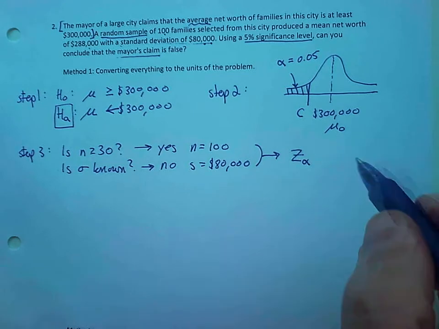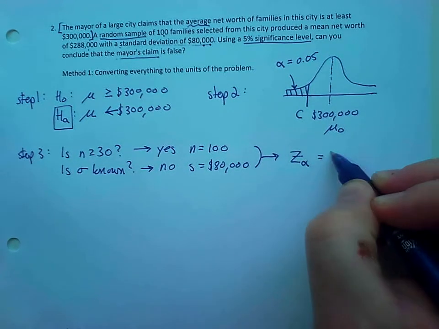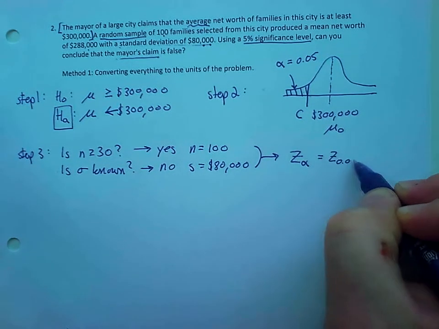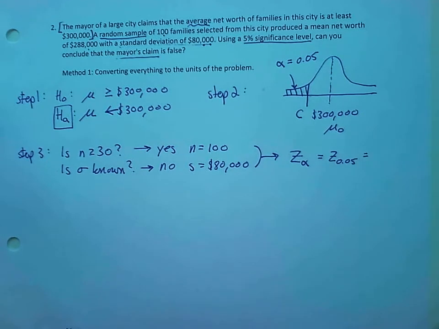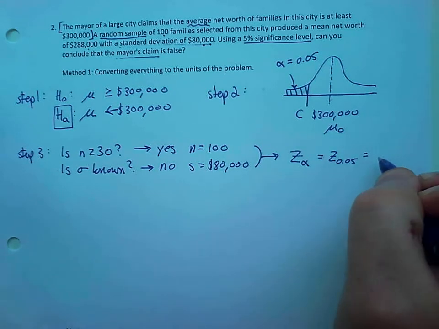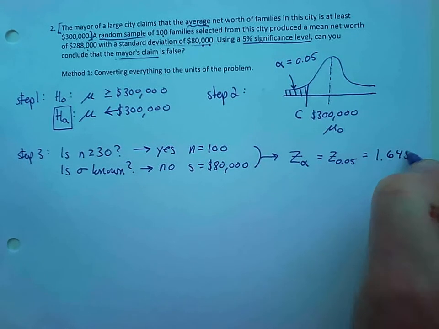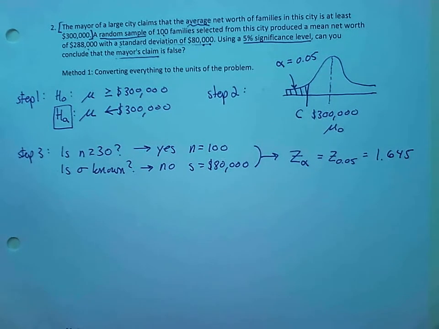Alright, well let's do it. This z sub alpha is the same thing as z for 0.05. And what's the z value that corresponds to 0.05? Well, we can either use the t table or the z table to determine that we're going to get 1.645. Again, remember that I'm always going to talk about these z values as being positive values.